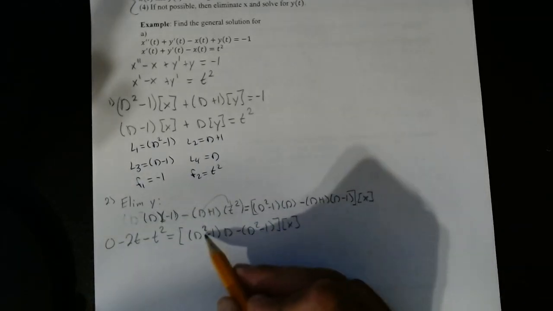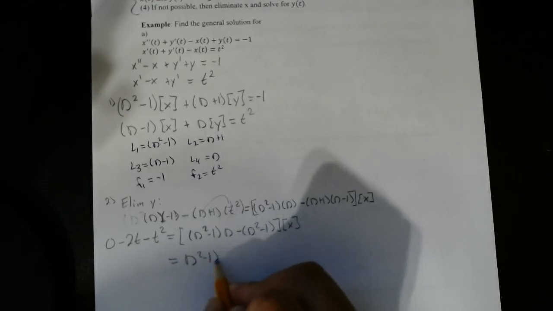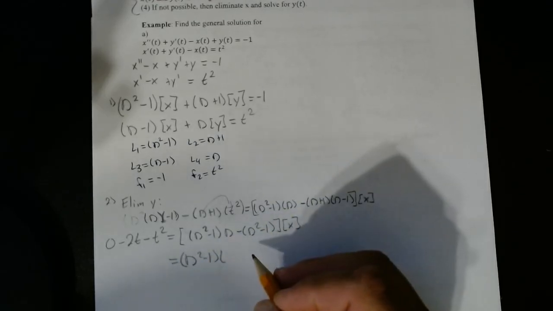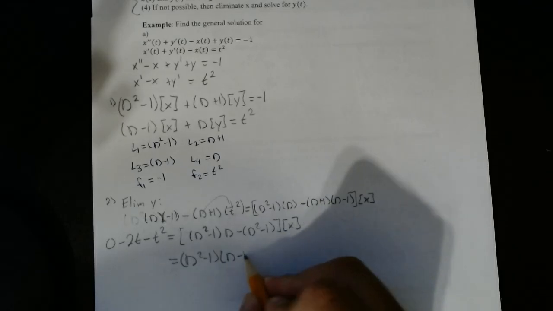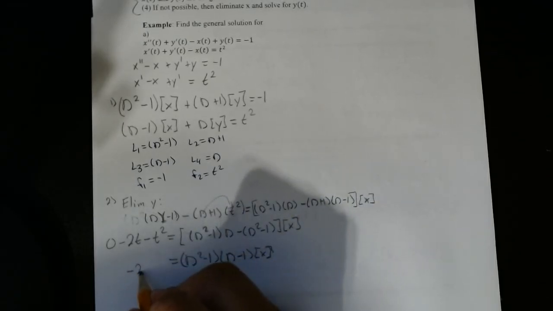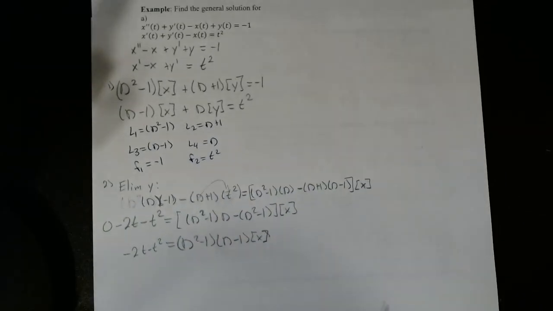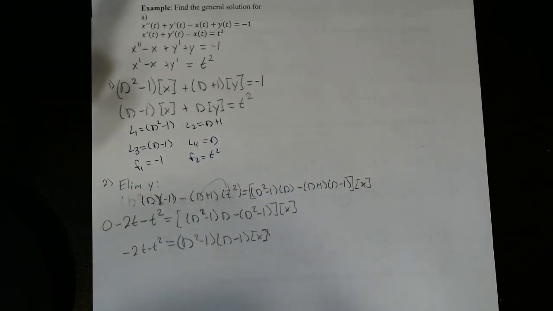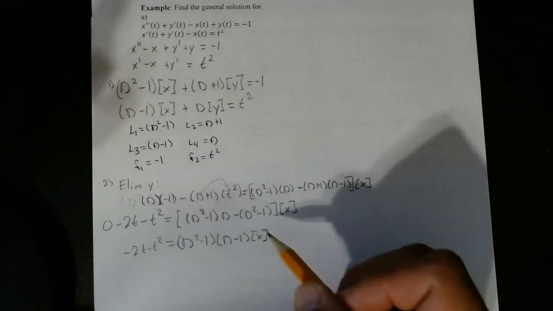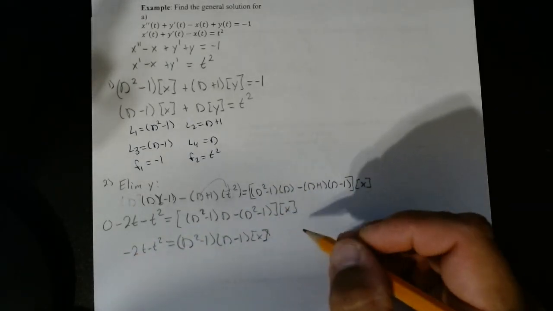And if I just factor d squared minus 1 out, I'm just left with d minus 1 equal to all of this. Okay. Now, at this point, it becomes just solving. Remember, because now it's a differential equation.